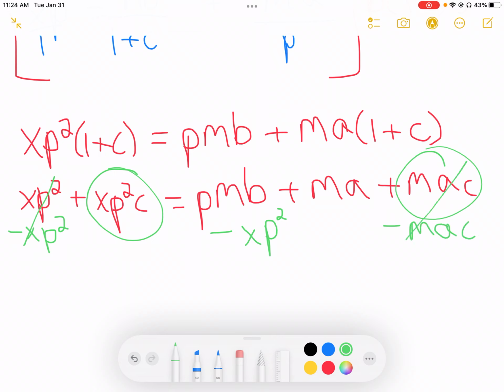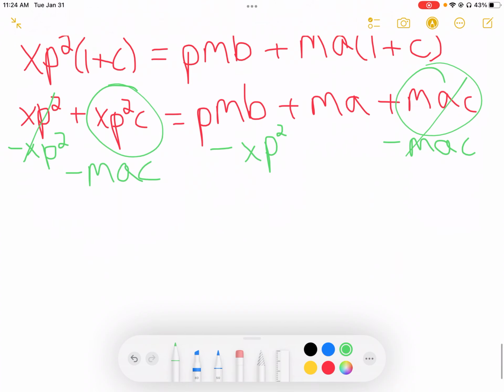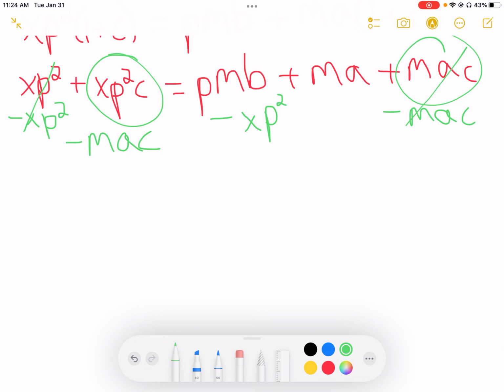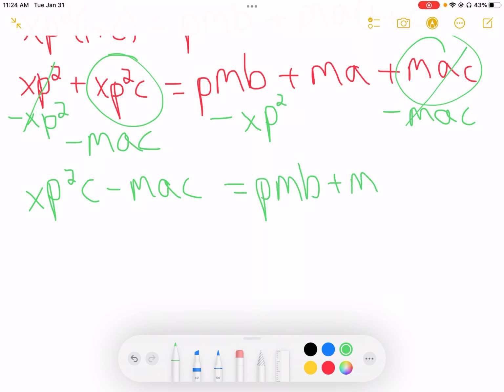So minus mac over there, minus mac over here. Then if I look at what I get here, I'll have xp squared c minus mac equals PMB plus MA minus XB squared.